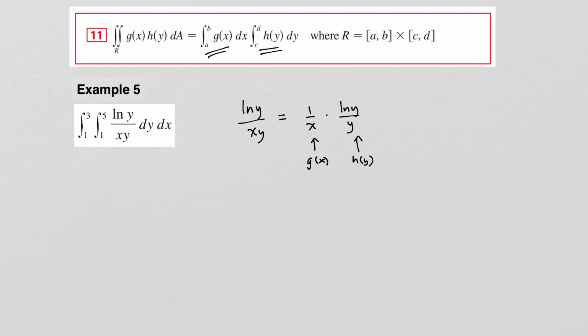So if we can do that here, we can do these integrals separately. So we just need to remember that the y variable has limits 1 to 5, and the x variable has limits 1 to 3. So this would be the integral from 1 to 3 of the function 1 over x dx multiplied with the integral from 1 to 5 of natural log of y over y dy.